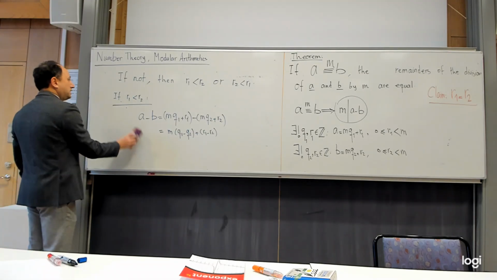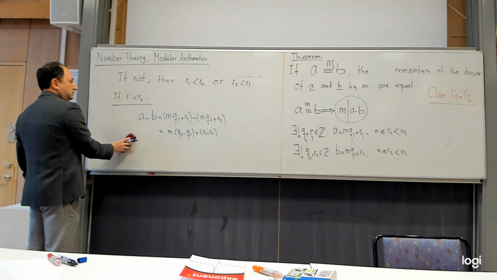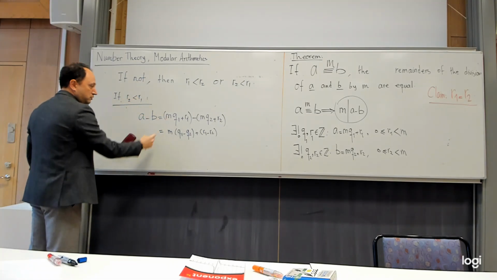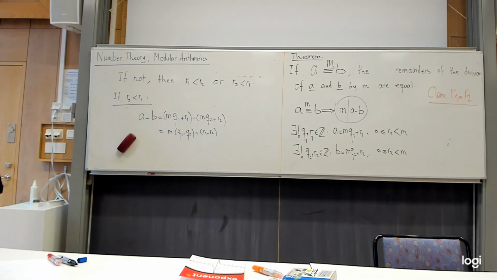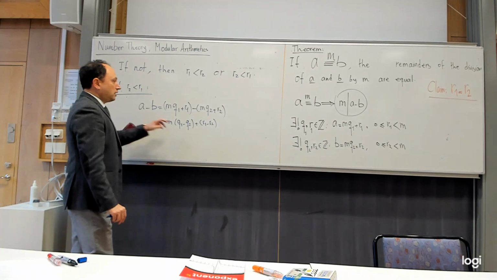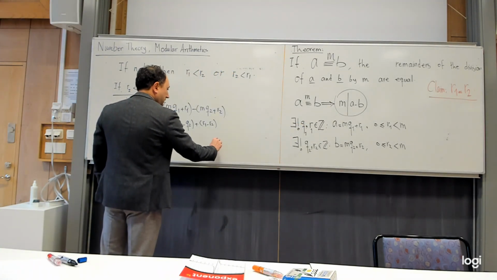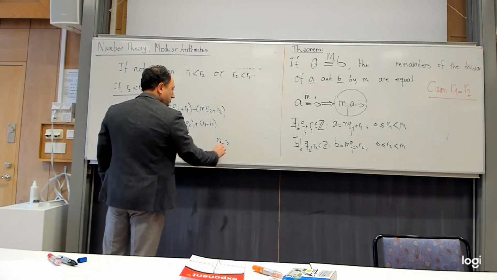Okay, so if you don't mind, let me assume the other way around. Yeah, that's correct. So let me write R2 is smaller than R1. The other way around, I need to subtract the other way around. Okay. But if R1 and R2 are between 0 and m, can you tell me what is the interval for R1 and R2?